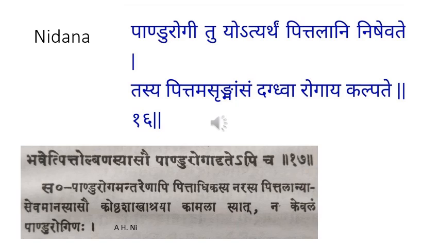Vagbhata has mentioned one more point: Bhavet Pittolbanasyaso Pandu Roga Dridevicha. Even in the absence of Pandu Roga also Kamala can occur. That is, if the person is indulging in excess Pittala Ahara Vihara, even though he is not having Pandu, still he can have Kamala.